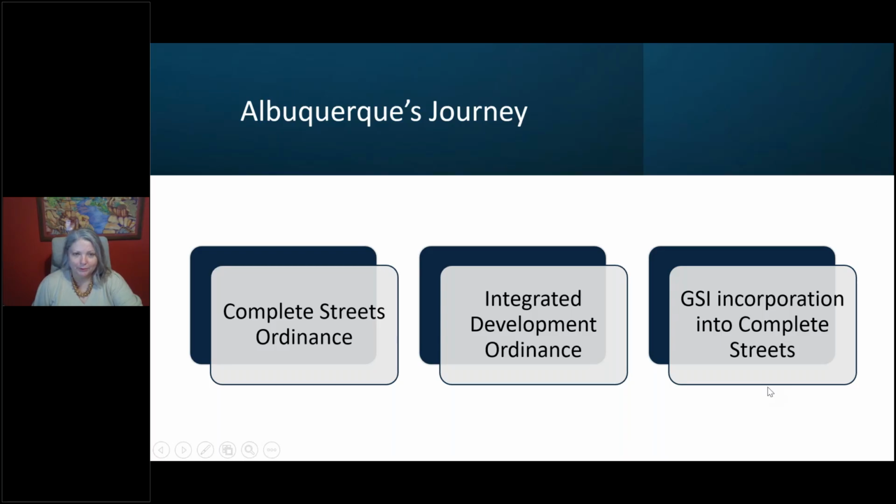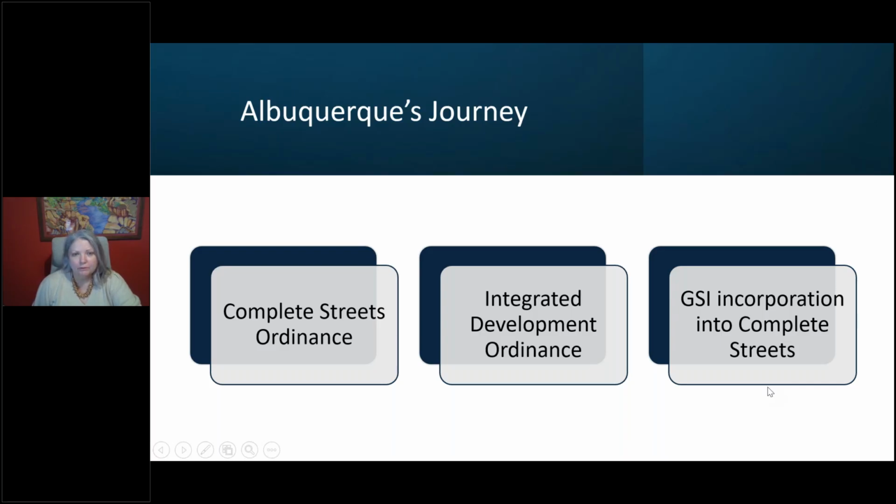Now the point of the complete streets is to make sure that streets have bikes and crossings for pedestrians, but we included in that some things around landscaping and medians. And so that was our first foray into this level of policy development.